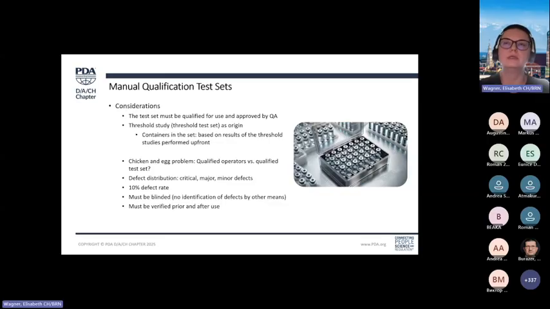Very important is that the qualification test sets are all blinded, so that operators are not able to distinguish between what is a defective unit, what is a good unit, and they have to be verified prior and after use. For example, if you have scratches or introduced other defects than the initial one, you should replace those items before you go into qualification.